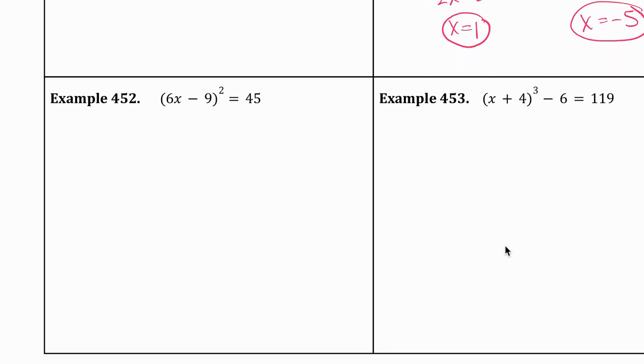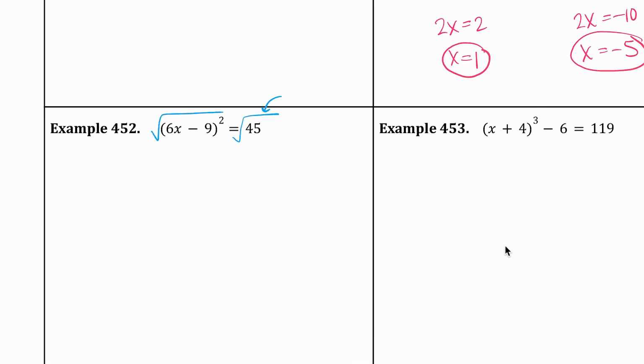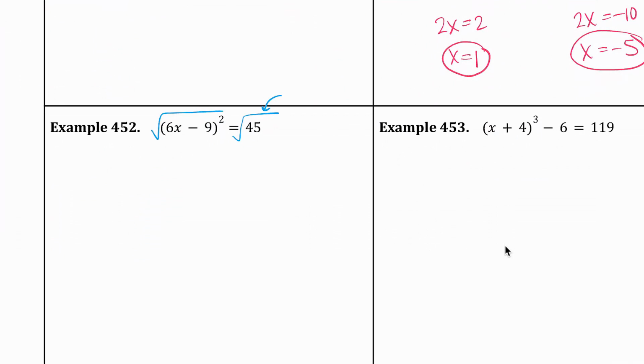But if you notice on example 452, we have a square, so I'm going to use a square root to undo that. If you notice on our right side, we have a non-perfect square. 45 is not a perfect square, so we're not able to just get an integer like we did on the last one. We're going to have to just simplify that non-perfect square as much as we can.